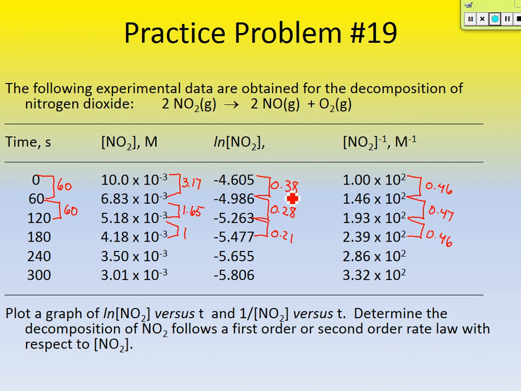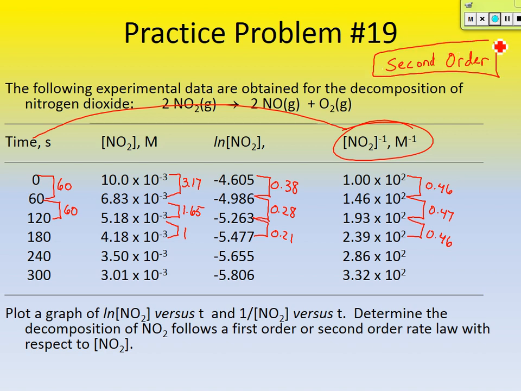First order is not constant either. But when we did this for second order, we noticed that there was an interval that was consistent. That should tell you that if you plotted this versus time, it would give you a straight line. So the answer, this is second order. This reaction would follow second order kinetics.